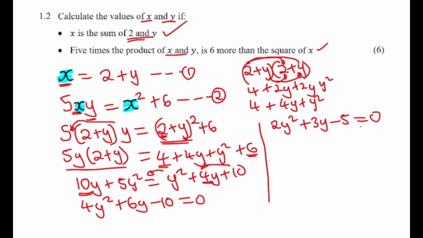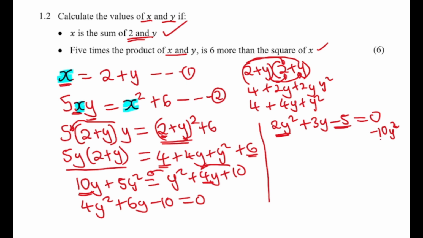So if you want here, you can use your quadratic formula. Some people find using the quadratic formula easier, but we can factorize. Let me show you this method. You multiply 2y squared with negative 5, then we get negative 10y squared.